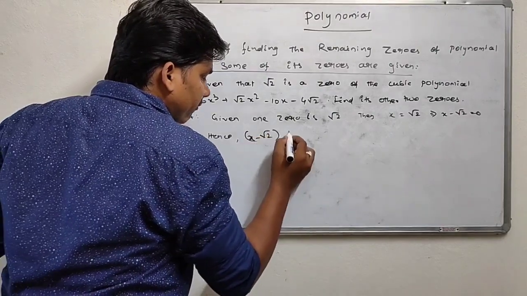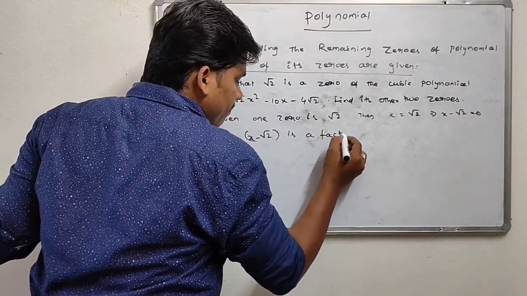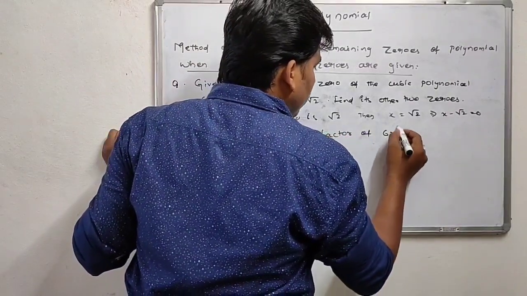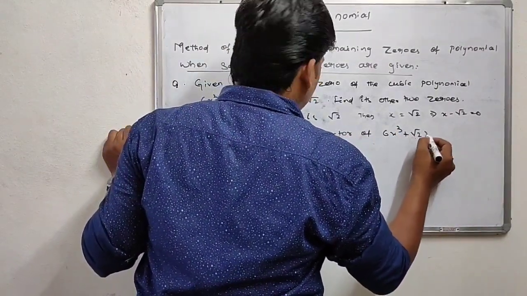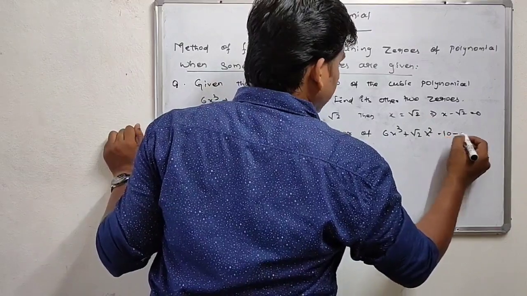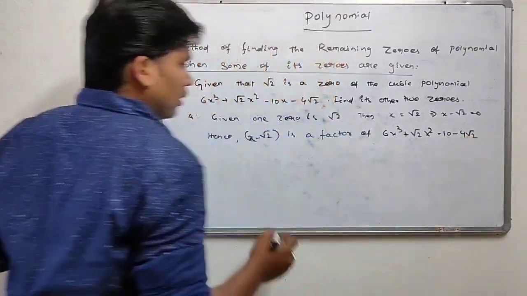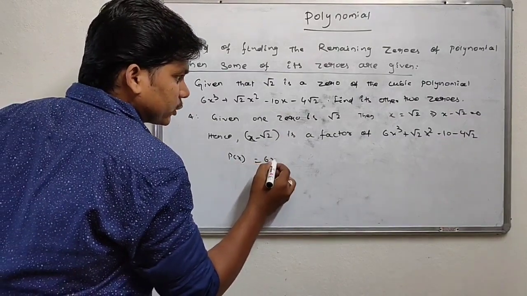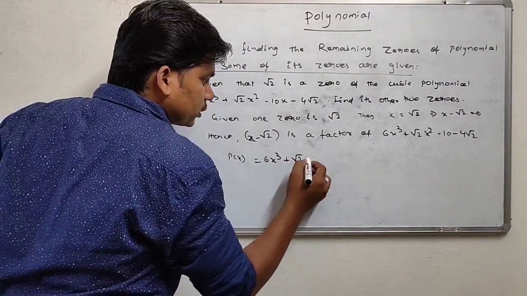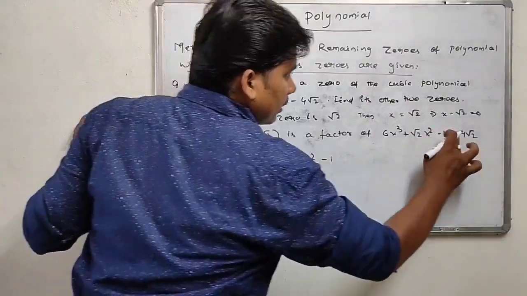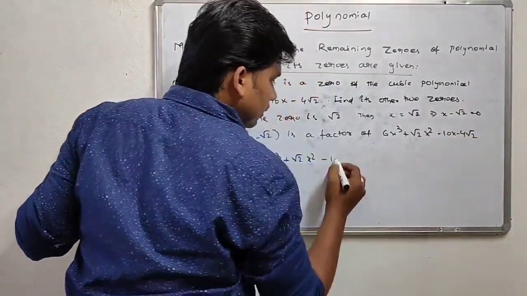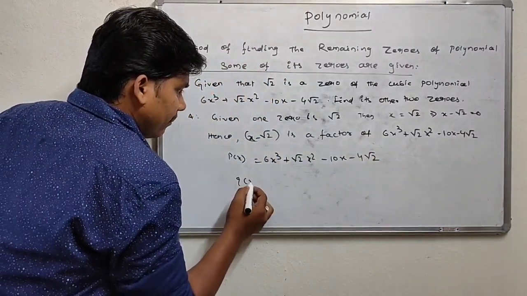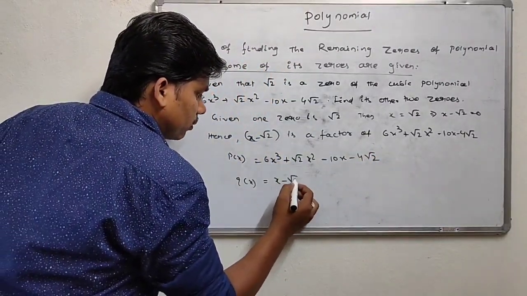From this we can say, hence, x minus root 2 is a factor of this polynomial 6x cube plus root 2x square minus 10x minus 4 root 2. I can represent p of x as 6x cube plus root 2x square minus 10x minus 4 root 2, and q of x as x minus root 2.